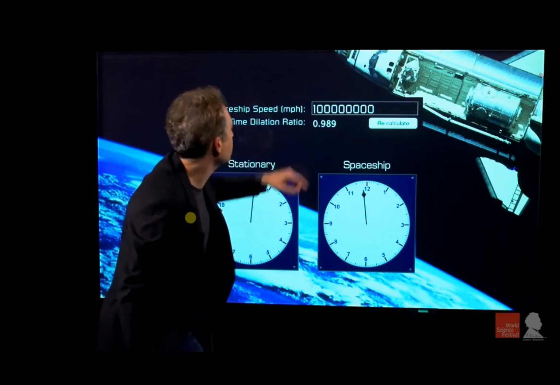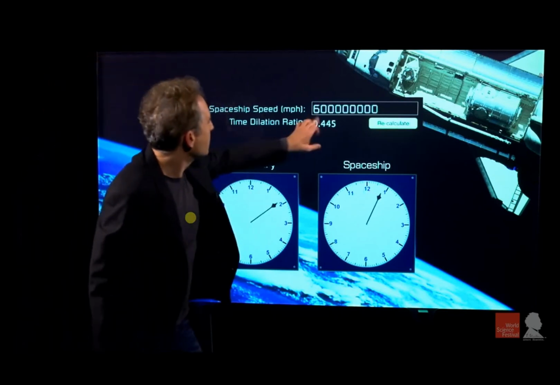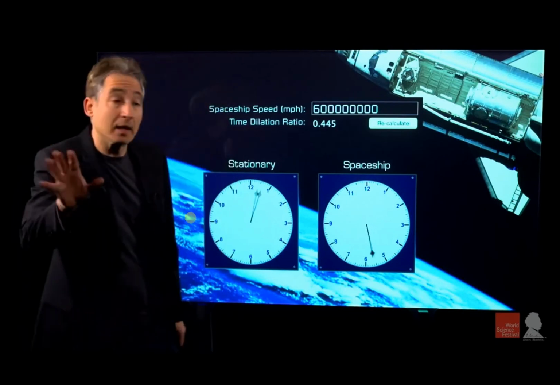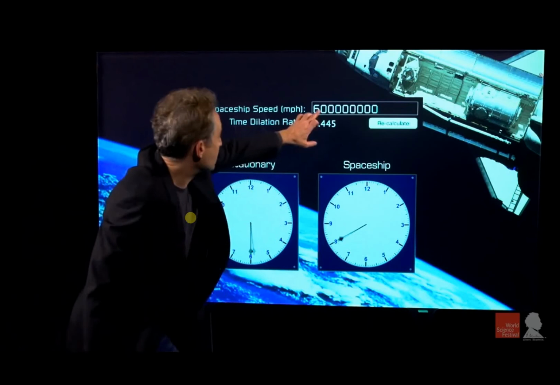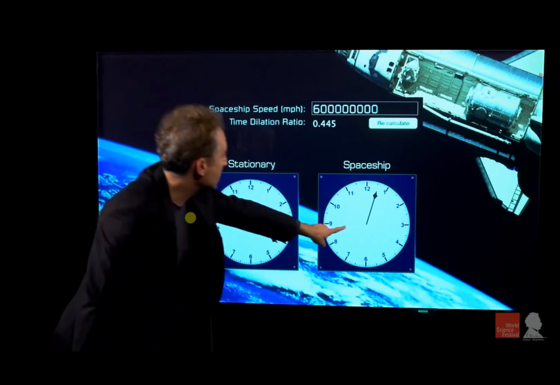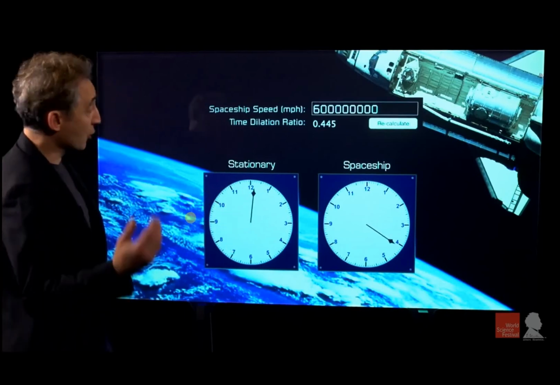So let's kick up the velocity of the ship even higher. Let's bring it to 600 million miles an hour. The speed of light is about 670 million miles an hour. Now, at this speed, the slowdown of time becomes obvious, right? This clock is ticking up time much slower than our clock here on Earth.